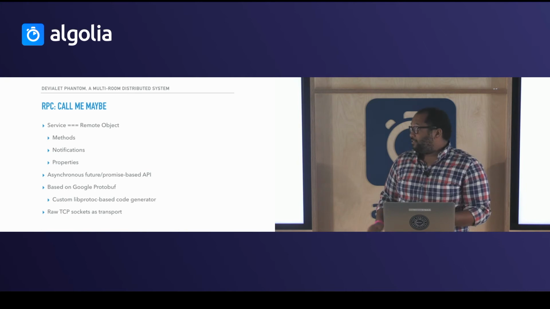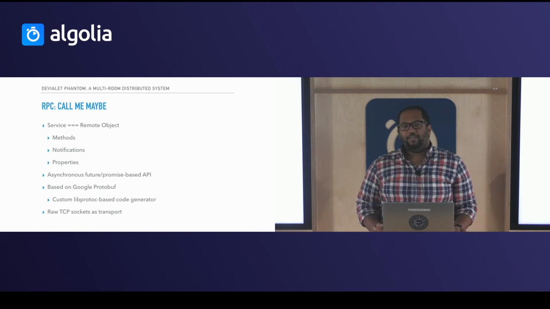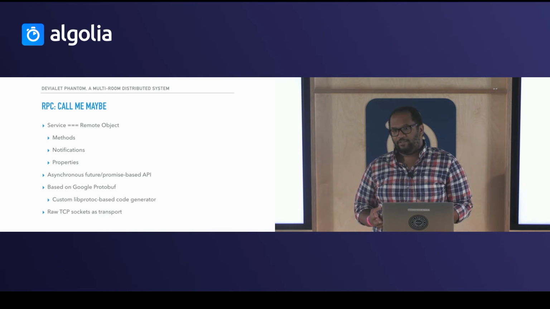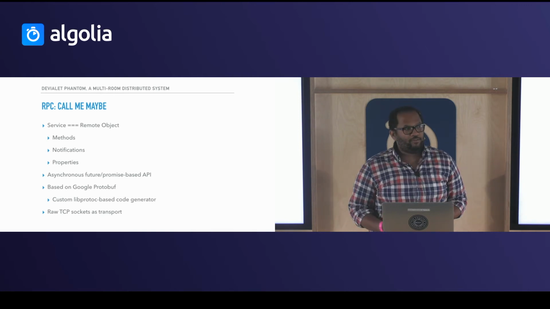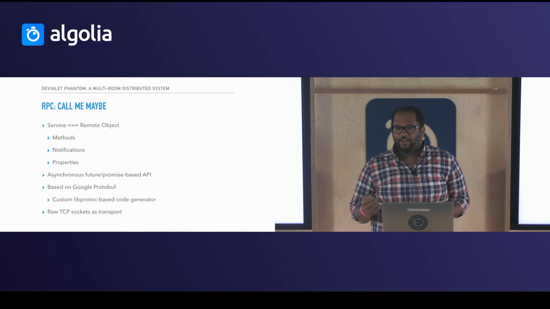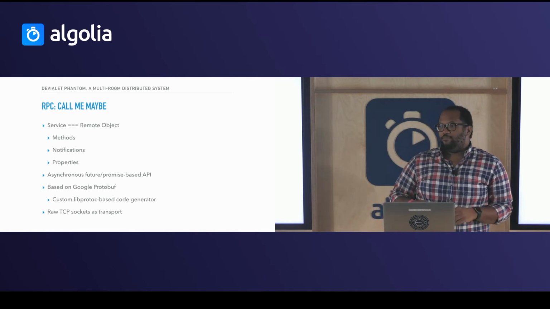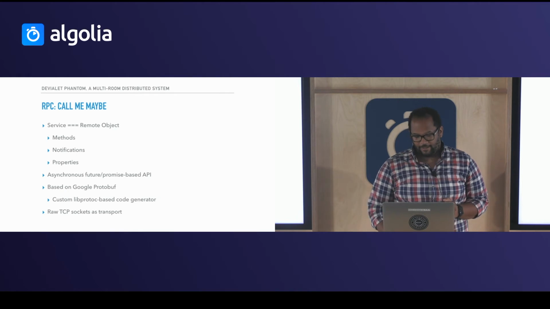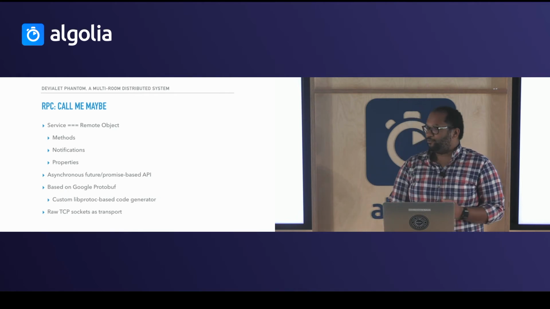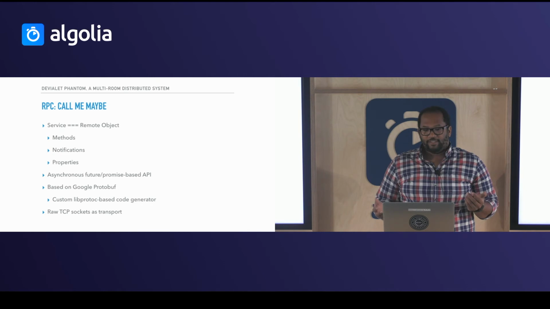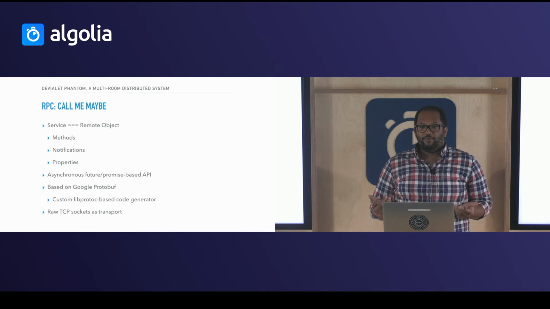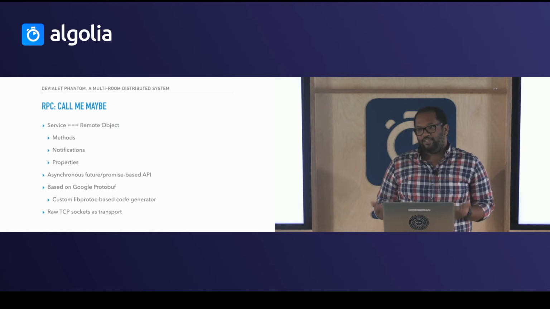So we call our RPC layer Call Me Maybe, because when you deal with distributed systems in a home environment, it's really a maybe whether the call is going to go through or not, because users can do crazy things, and many different things can just break your network. An interesting example: customers, or even us testing at home, would have problems at some moments in using the product.